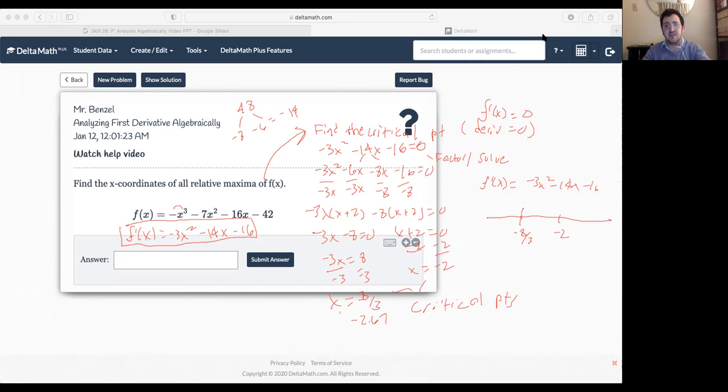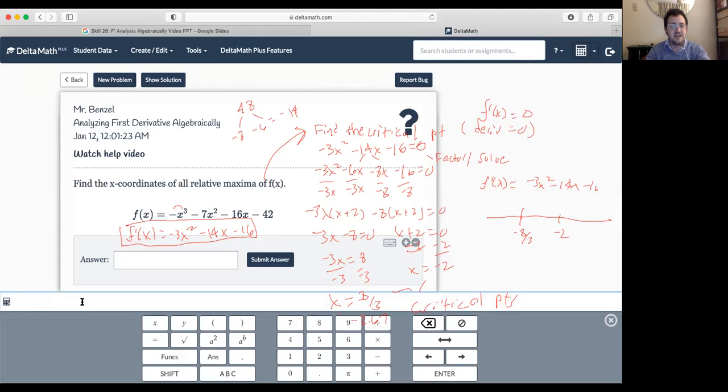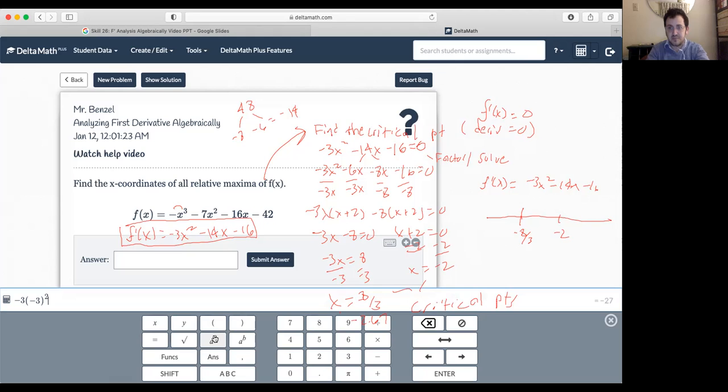And I'm going to think about what is a number that is less than negative 8/3. So maybe a convenient number for me would be -3. And if I try that, I'm just going to put in -3 times -3 squared minus 14 times -3 minus 16. And it gives me a -1.